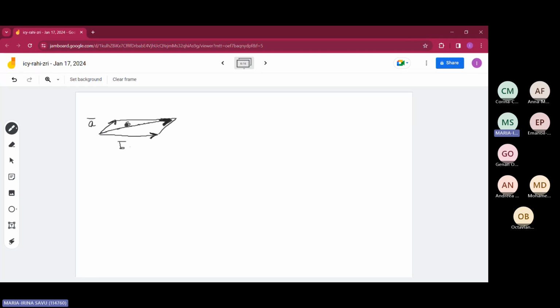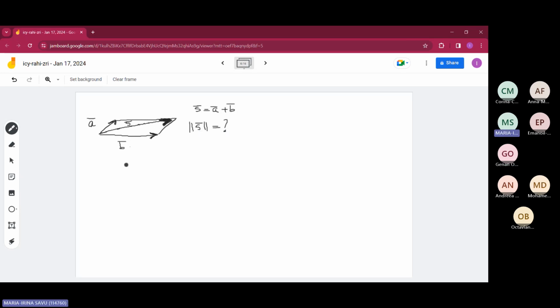So let's say that this is the vector S, whereby S, I mean the sum of A plus B. How do you find the length of S? A times B times cosine of AB.